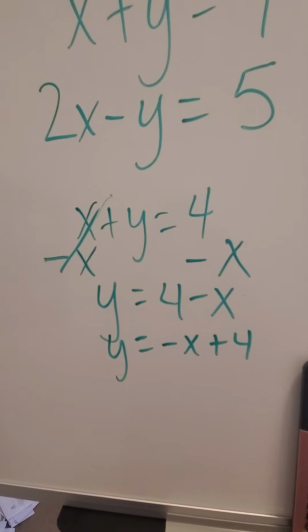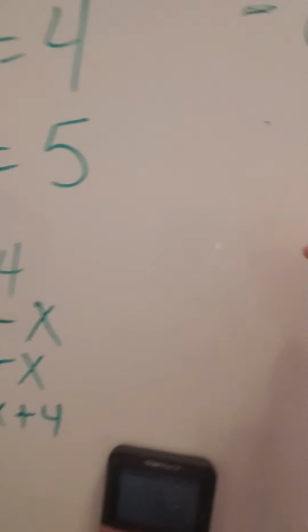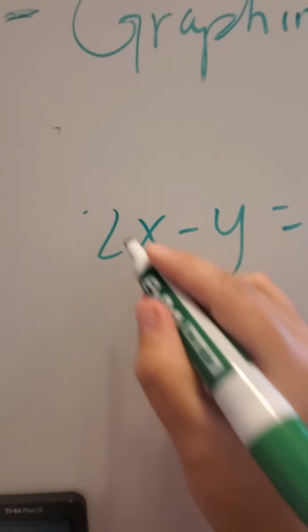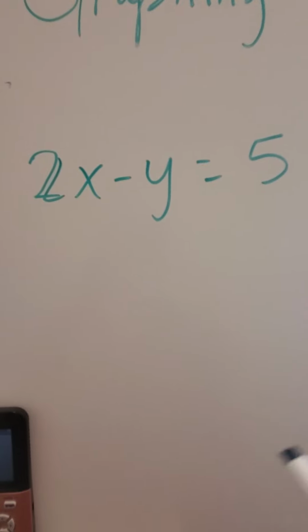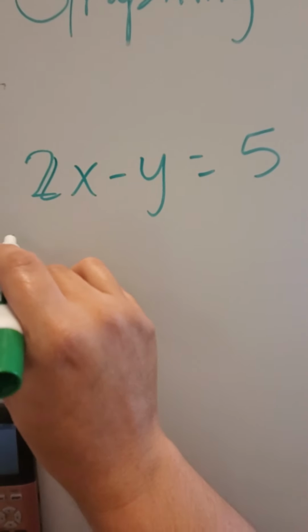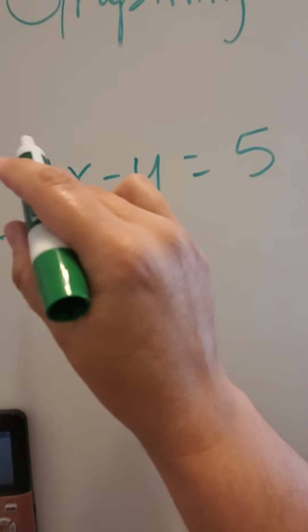Done. All right. The other one, 2x minus y equals 5. Okay, this is your next equation. Okay, I got to get y by itself again. So I'm going to move my x first. So I'm going to say minus 2x, okay, because y is negative, x is positive, okay?